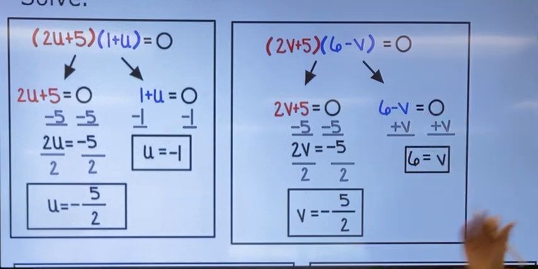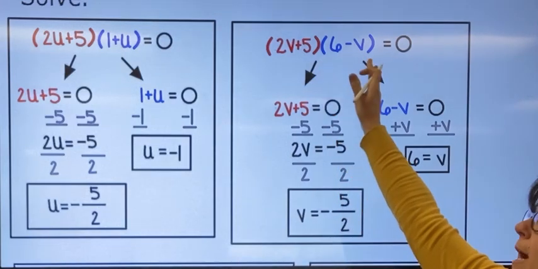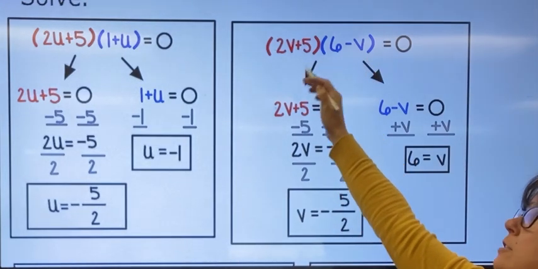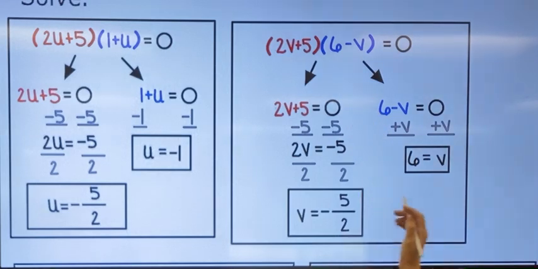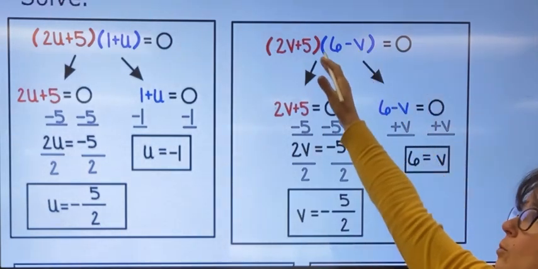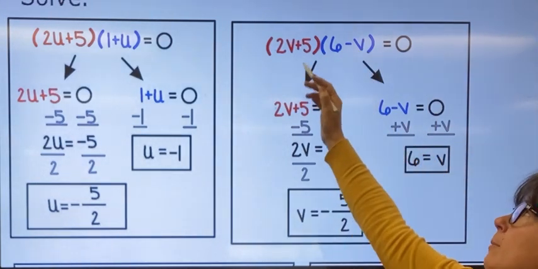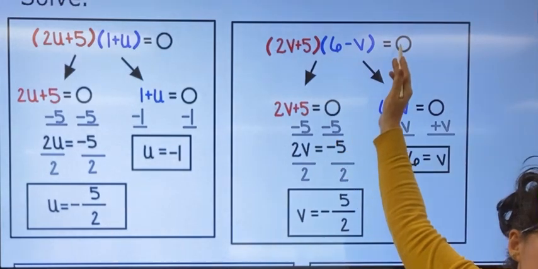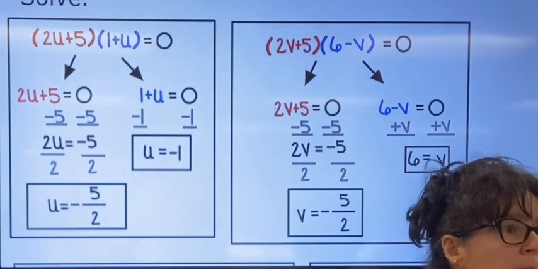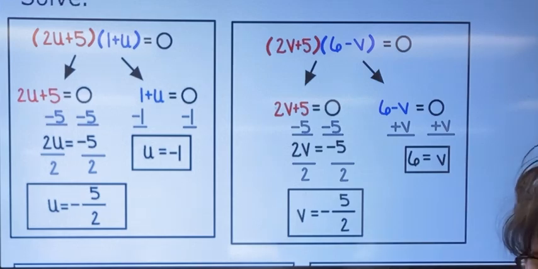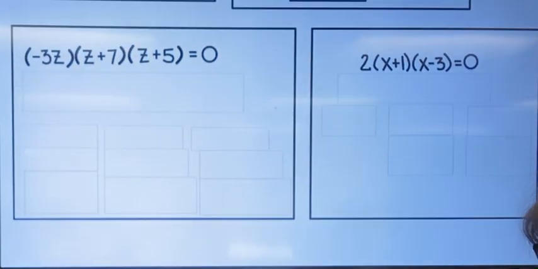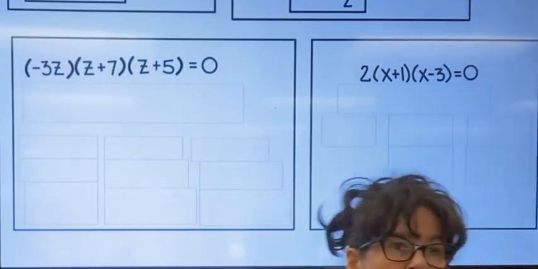These are the answers to our equation. But one more time, the reason this is working is if I plug -5/2 back into the original, I get 0 times the number. And if I plug 6 back into the original, I'm going to end up with some number times 0. So we're finding the numbers that make the individual factors equal 0. Okay, the only difference here is we've got a little bit more going on.